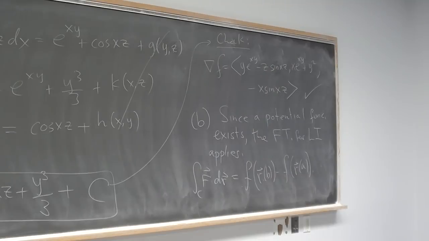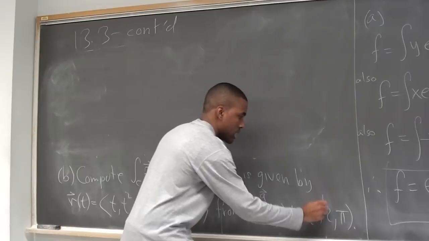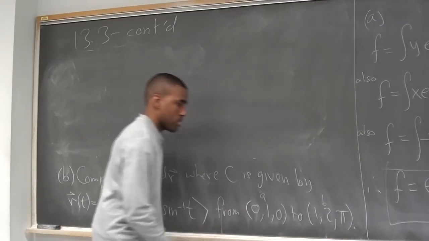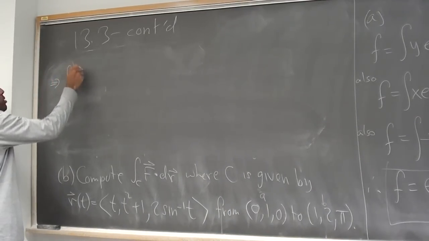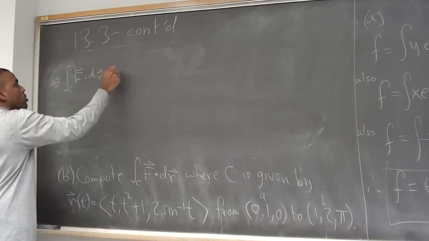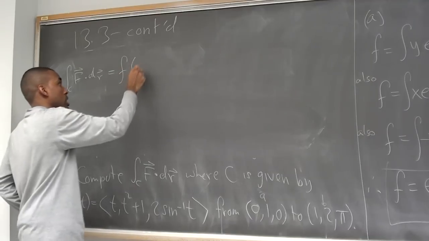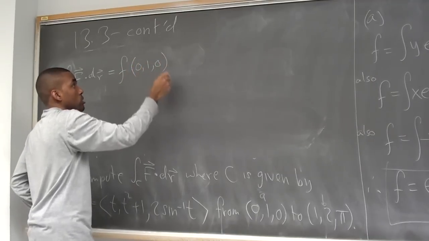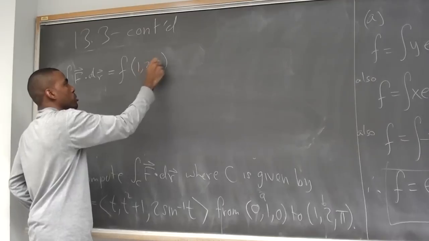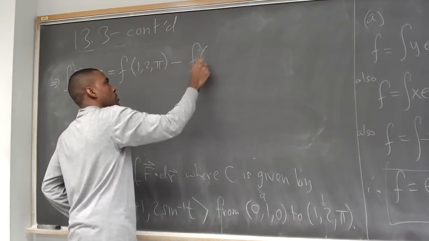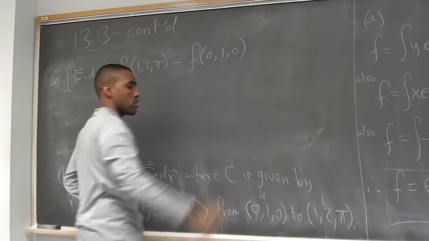Now, I know that this is the point, this is like the A, this is like the B. This implies that the integral along C of f dot dr is going to be equal to f evaluated at (1, 2 pi, 0) minus f evaluated at (0, 1, 0).